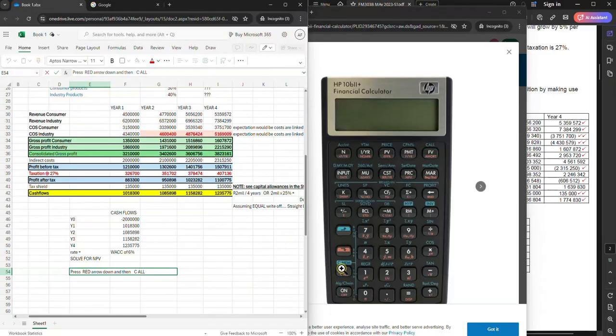That's how you clear your calculator's memory. Then you need to insert the cash flows. Where's the CFj button? There, the CFj. Then you need to type in this number.